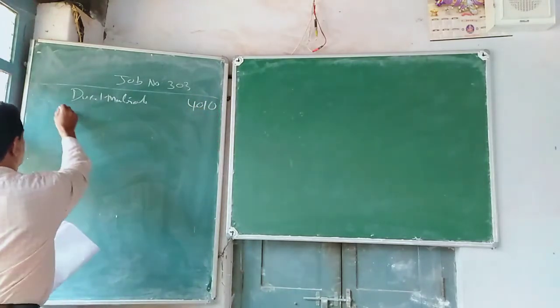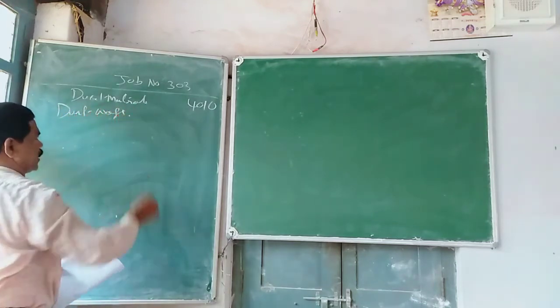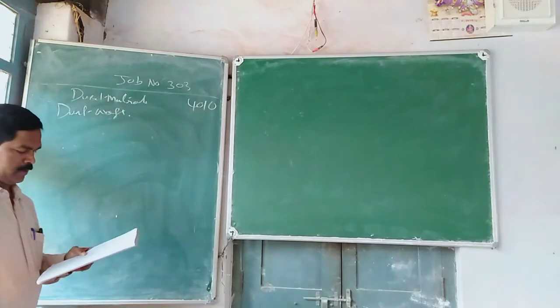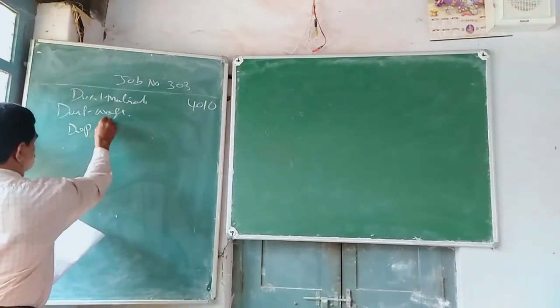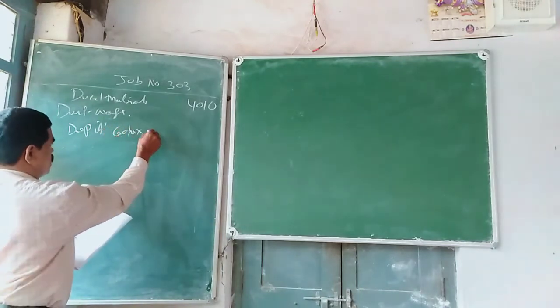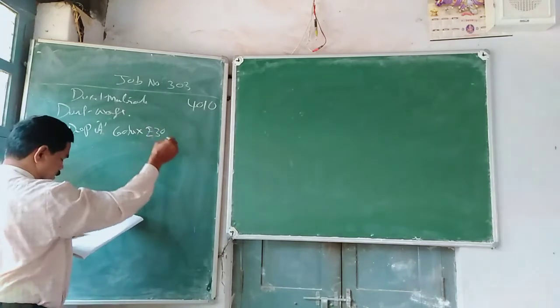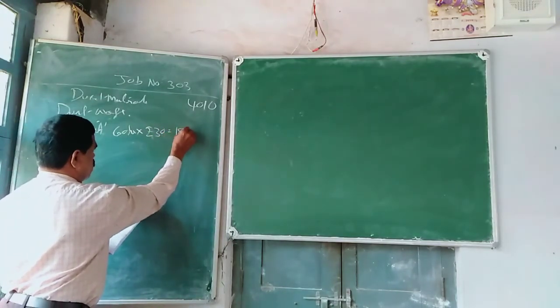Then direct wage. See here two departments are involved, and department A takes 60 hours at the rate of rupees 30. So its wage is 1800.